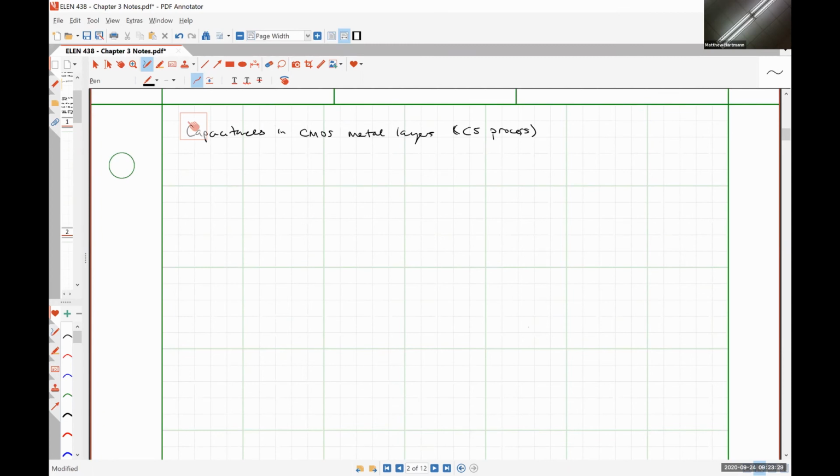All right, so let's put down here as the top of our substrate, and down here as the bottom of our substrate. So the size of some things.